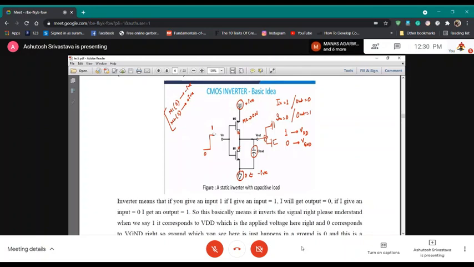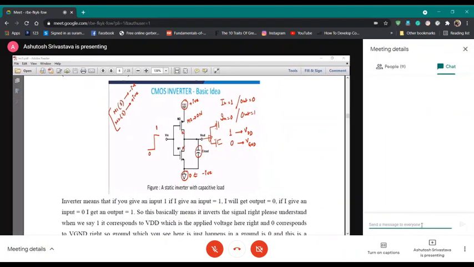So how can you change the threshold voltage before fabrication? Yes? So body effect, by controlling the body.